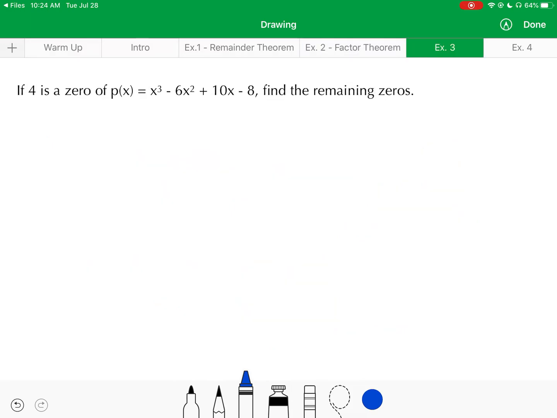So this example here is a lot like the previous example, except it's presented a little bit differently. It says if 4 is a 0 of p of x, find the remaining zeros. All right. Well, by saying that 4 is a 0, you're also stating that x minus 4 is a factor.